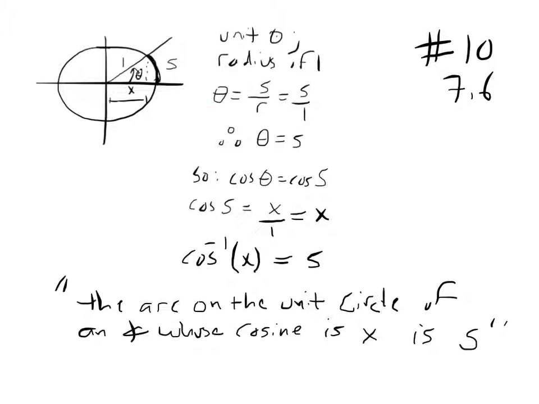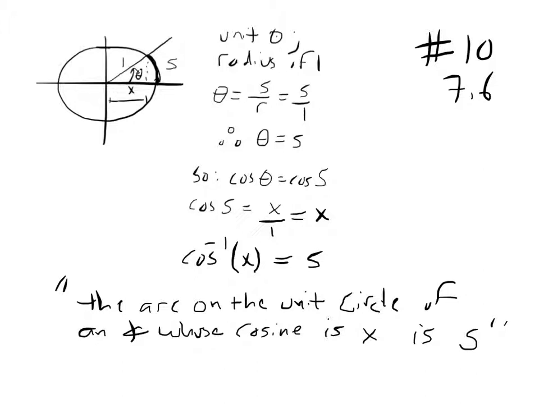So theta equals s. In other words, since s and theta are the same thing, the cosine of theta is the cosine of s. So let's suppose here in the unit circle, I'm looking for the coordinates of this point up here. I'm going to come over x and up y. So the cosine of s is x over 1, or x.